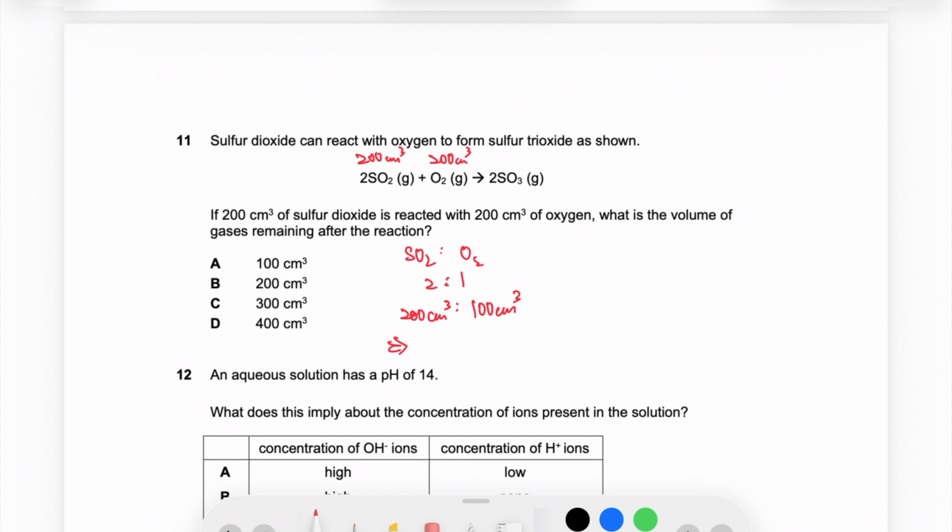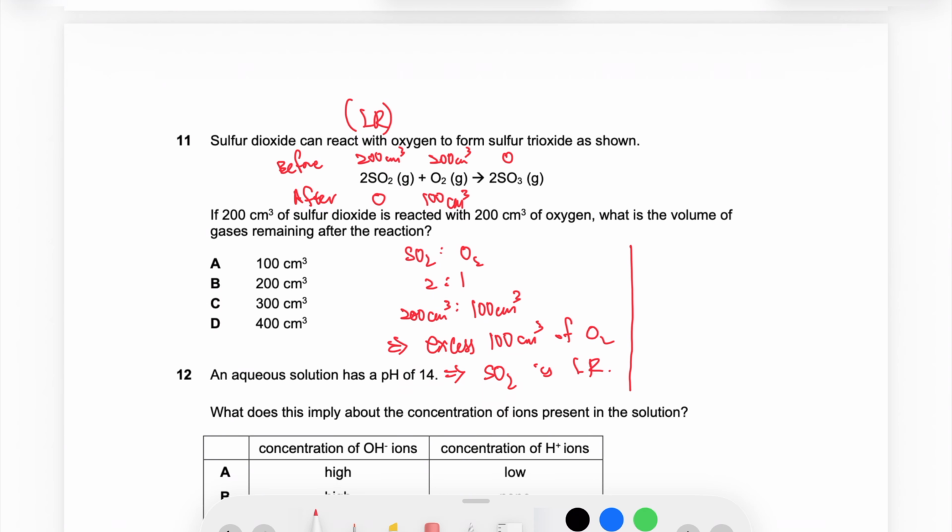Okay, so you have excess 100 cm cube of oxygen gas. SO2 is the limiting reactant. Okay, so this is your limiting reactant. So at the start, this is 0. So everything is used up, SO2. And then oxygen gas, you only use 100 cm cube. So you still have 100 cm cube excess.